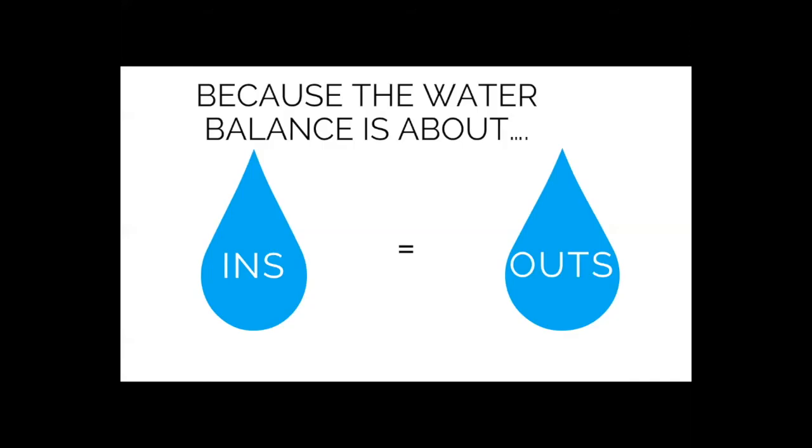So because the water balance is about this idea that the amount of water entering the system must equal the amount leaving the system, we want you to understand what these ins and outs are and how they apply to the audit. So in the audit software, you have to provide the amount of water that enters the system. You tell it how much water enters your system.